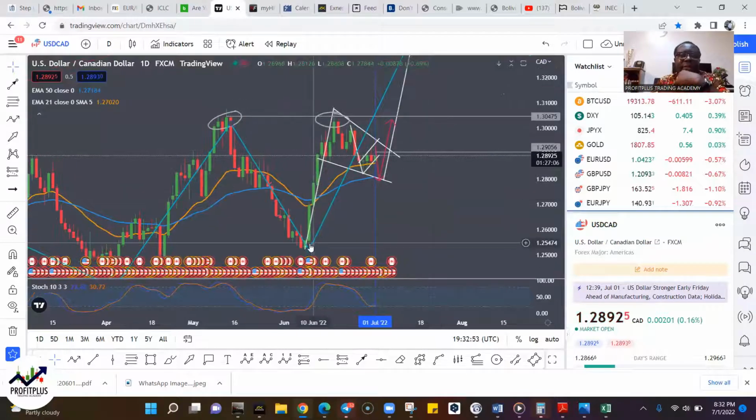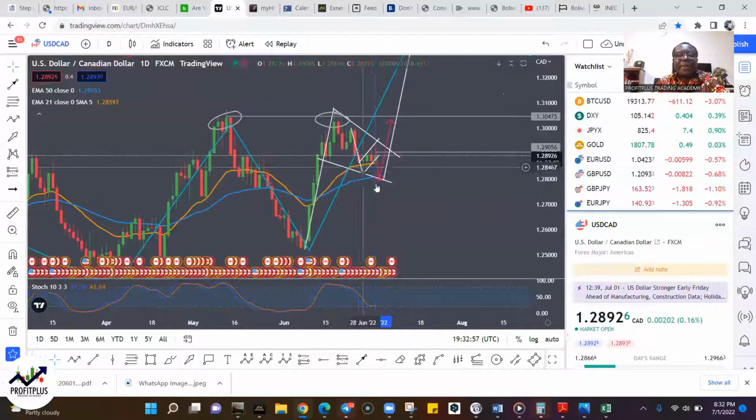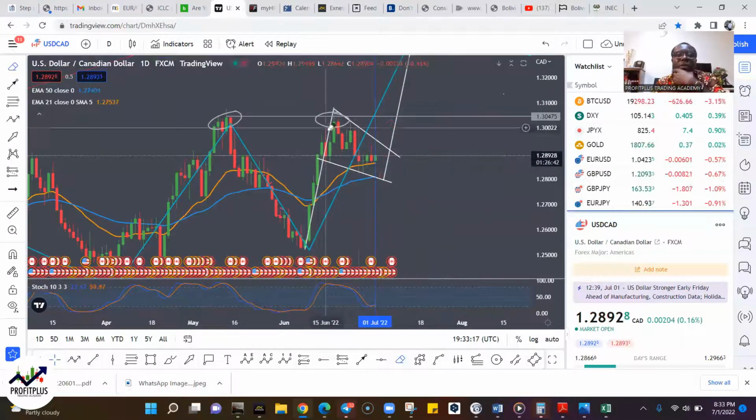And since there is a bullish impulse before this correction, there's a correction happening here. Let me clean up that particular area. There is some correction happening inside here. And we said this looks like a flag. It also looks like a falling wedge.